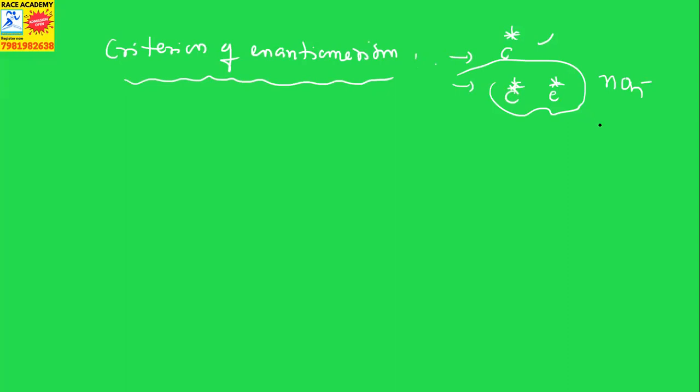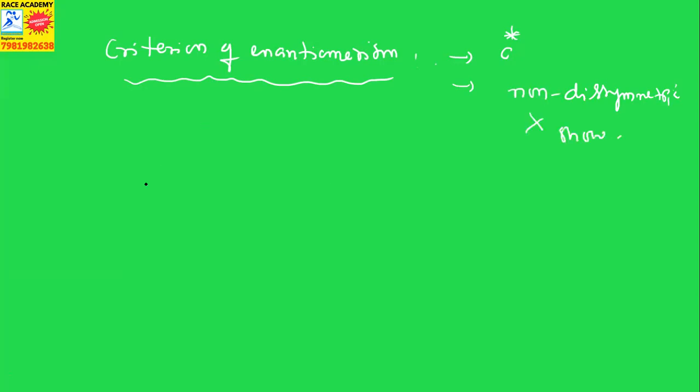If a compound is non-dissymmetric, it does not show enantiomerism. Meso tartaric acid is the actual point to be discussed here.